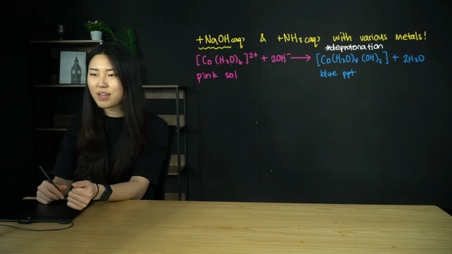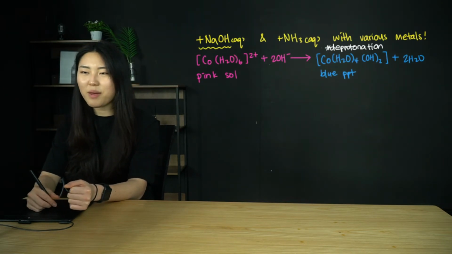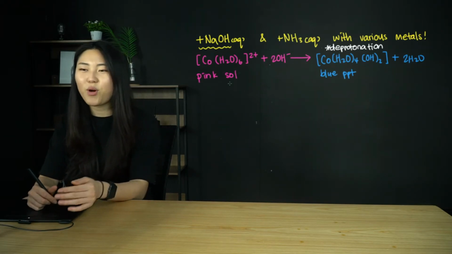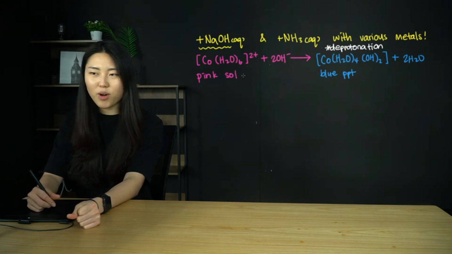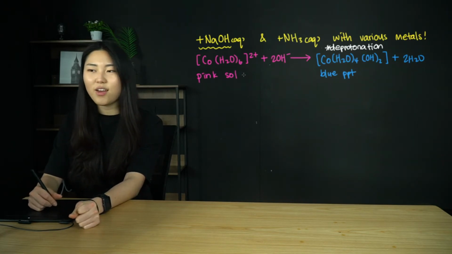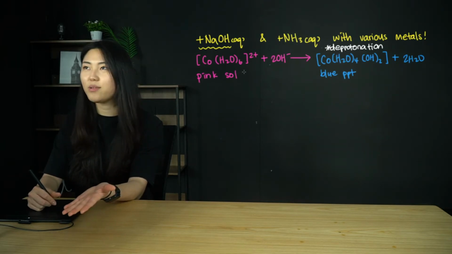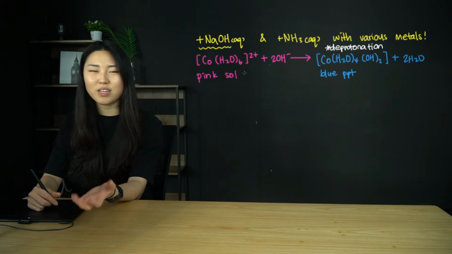So the next one is cobalt, okay? This one's a little bit different, so you have to memorize a little bit more for cobalt. First of all, when cobalt is surrounded by water ligands, it is a pink solution, okay? Anhydrous cobalt salt is basically a test for water.